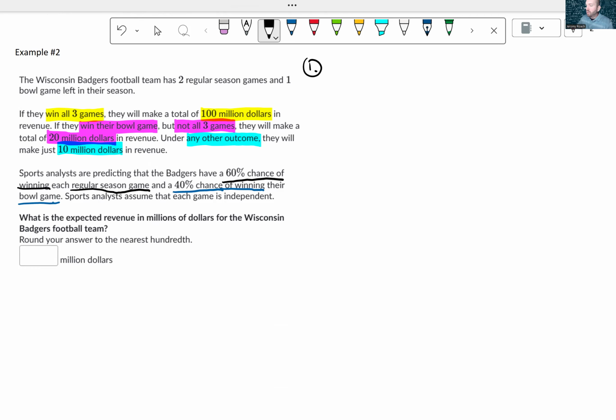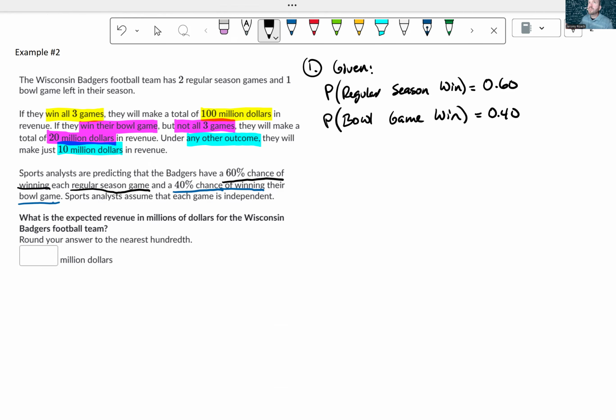We'll start with the given information, and that was the probability of a regular season win. That probability is 60%, it tells us at the end there. And the probability of them winning a bowl game is 40%. And they have two regular games and one bowl game.